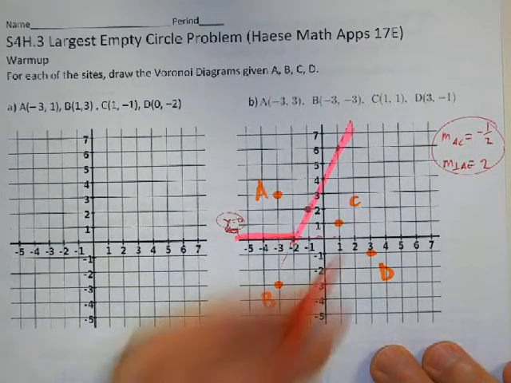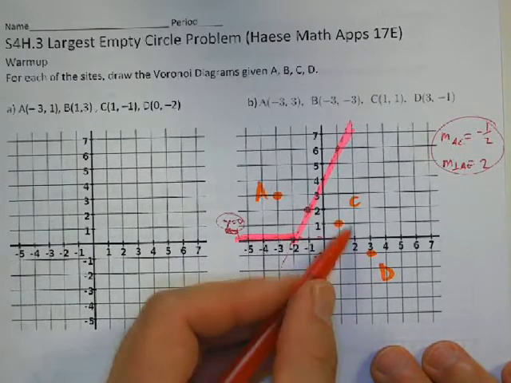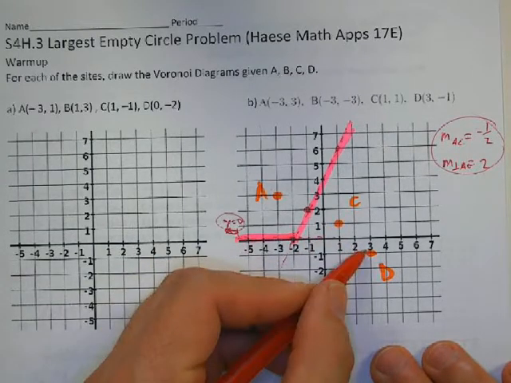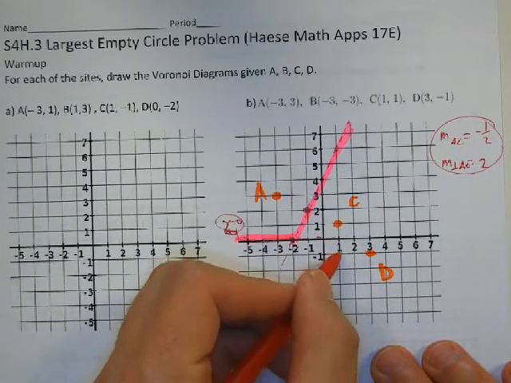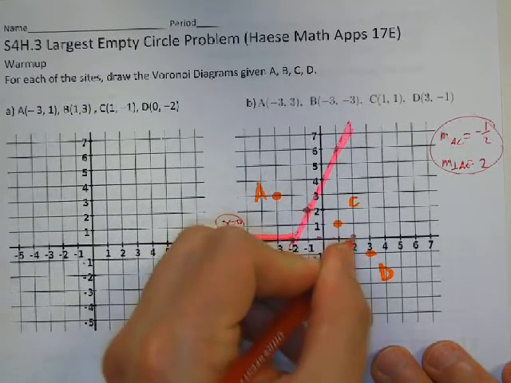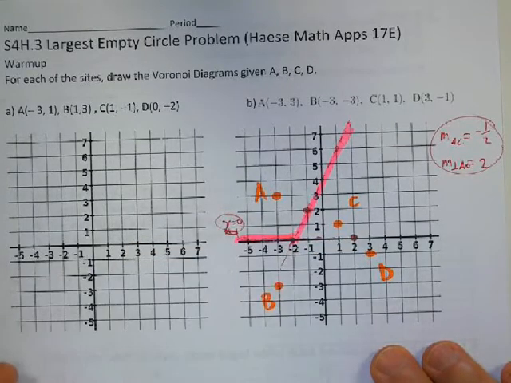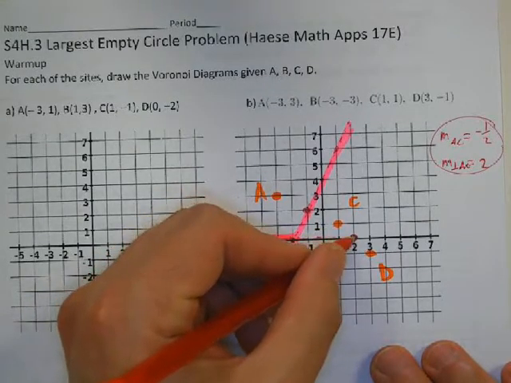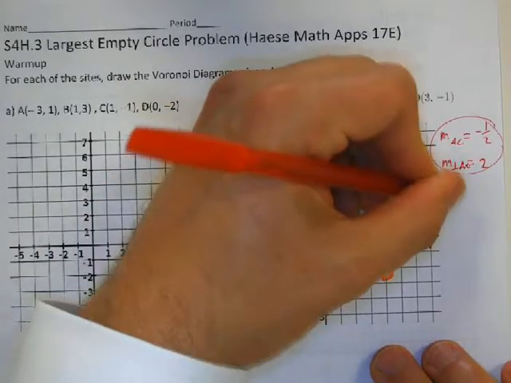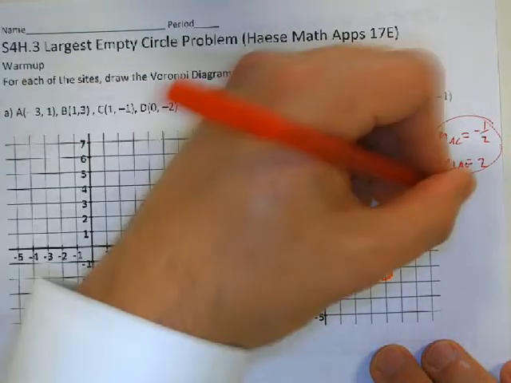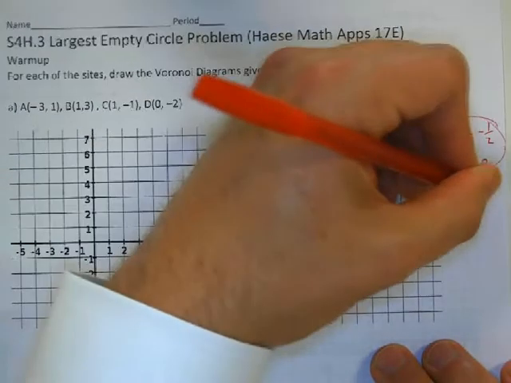Now let's figure out the boundary between C and D. It goes down 2 over 2, so the midpoint's going to be right there. It looks like the slope is down 1 over 1. So the slope of CD is equal to -1.